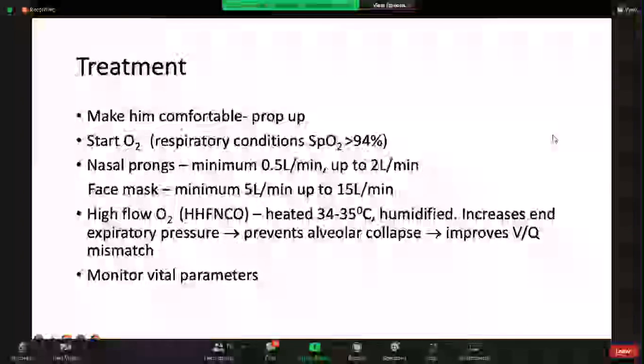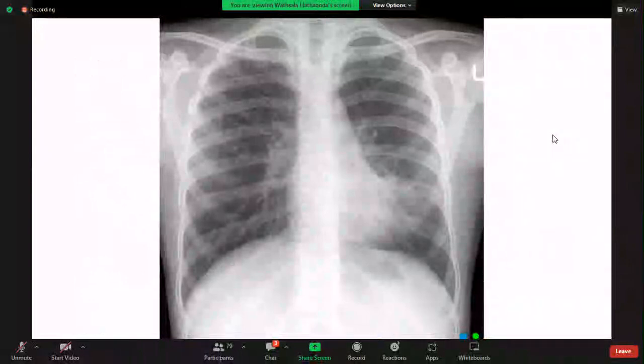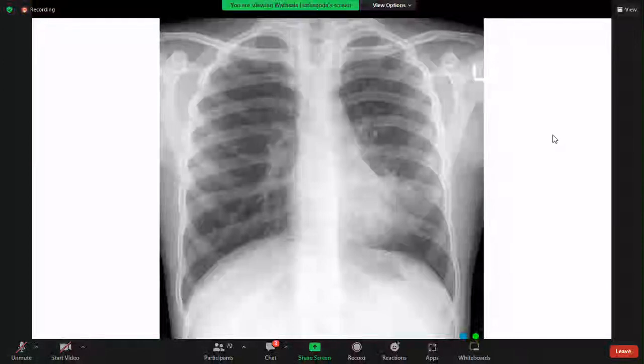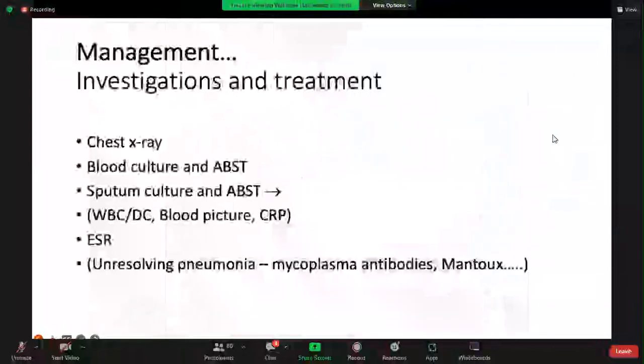So I just wanted to highlight a few X-rays, because these things could be questioned in your exams, right? Okay. So we talked about the investigations, and then you need to talk about the treatment. So what would you do? How would you treat this child? So I will put the case scenario.